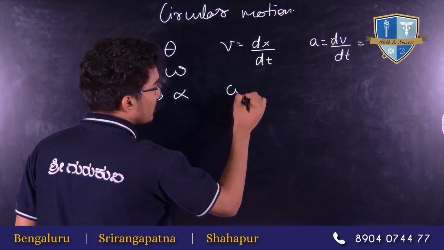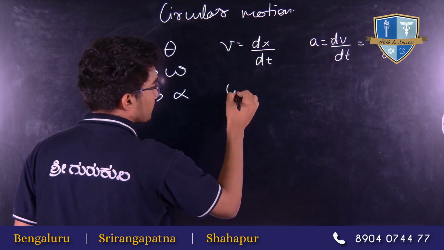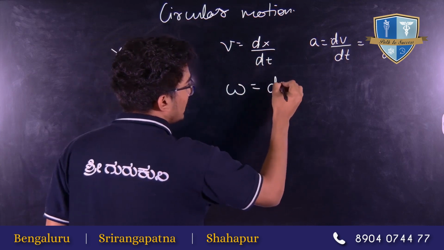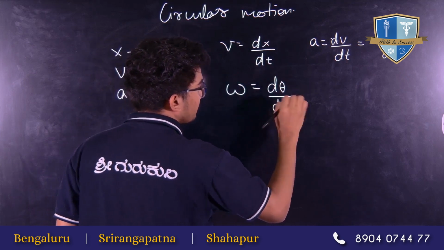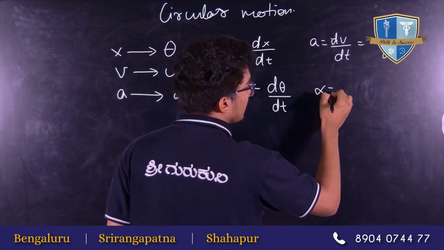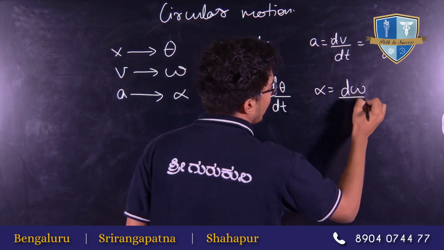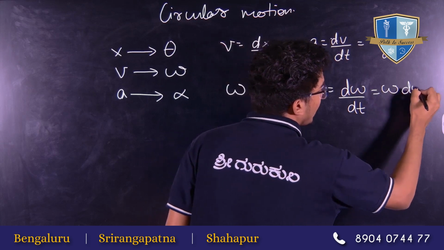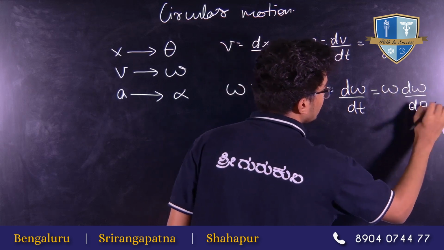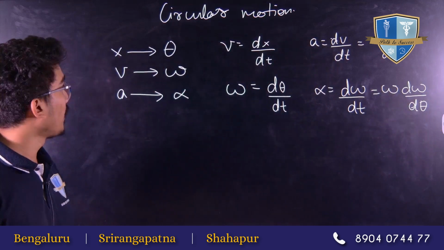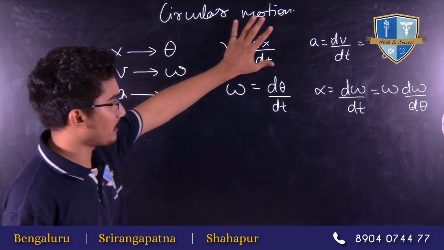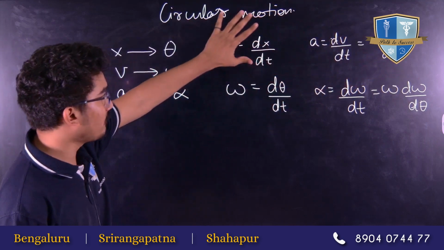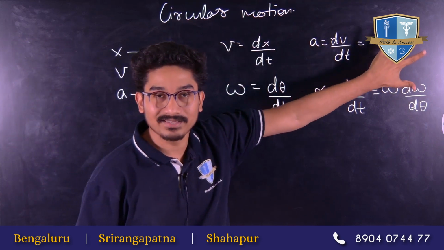So angular velocity omega will be equal to d theta by dt, and angular acceleration will be equal to d omega by dt, and another formula will be omega d omega by d theta. So this is our basics for circular motion. Now in kinematics, we have derived three formulas for constant acceleration.